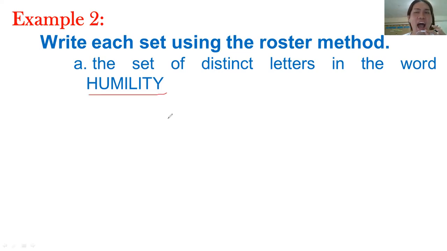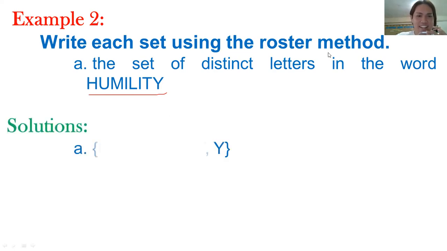Are you ready? Okay, let's check your solution. You can name it as H, U, M, I, L, T, Y. Remember the roster method: listing the distinct letters without repetition. We separate the letters by a comma.